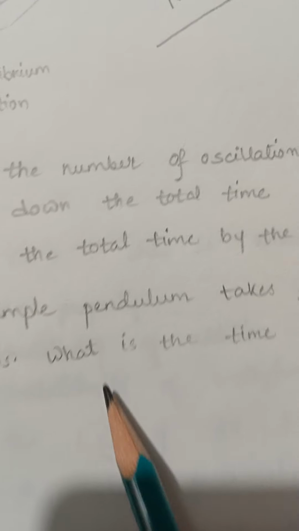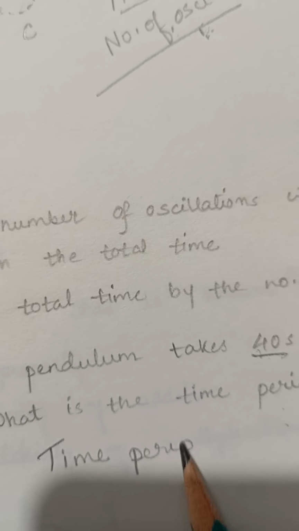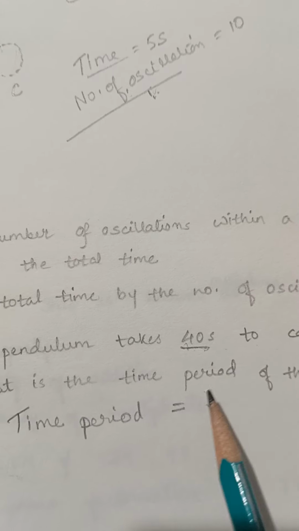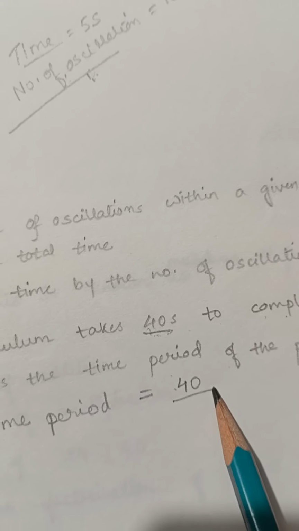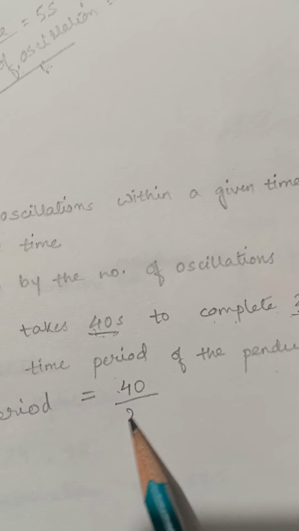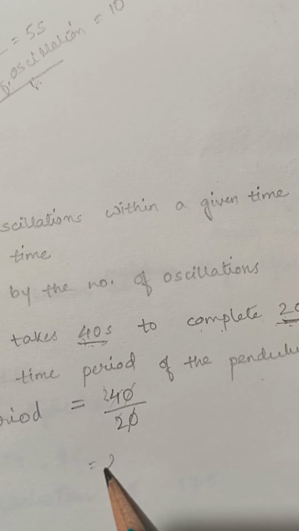And we know time period is equal to total time, 40, divided by number of oscillations, 20. When you divide 40 by 20, you will get 2.